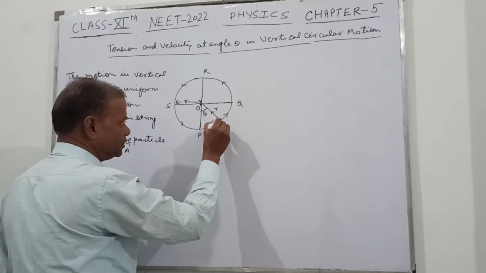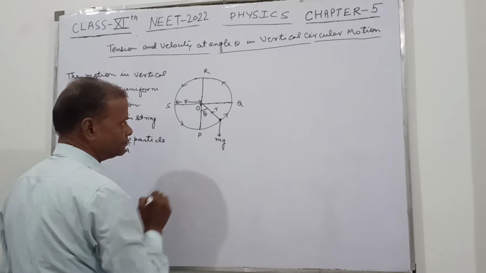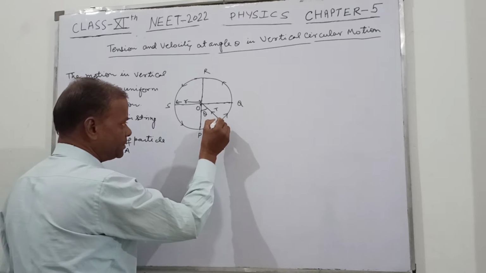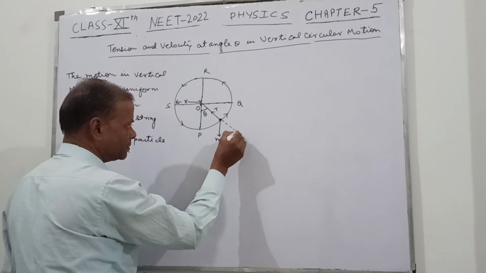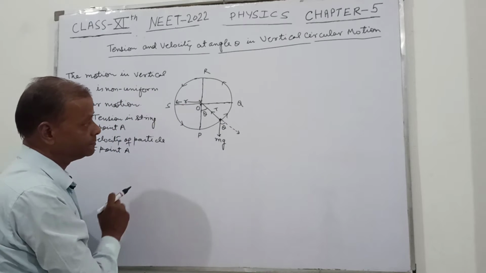Here the weight of the particle will act vertically downward. If we extend this line in this way, then this angle is also equal to theta as the angles are corresponding.